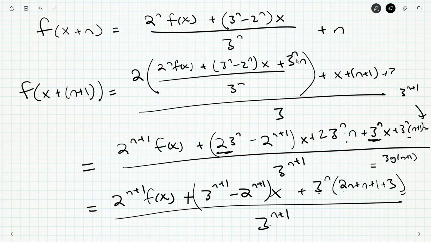Still not quite going as I want it to. But I do have my 3 n's there. So I just need an extra plus 2 somewhere in here. And it's just not happening.